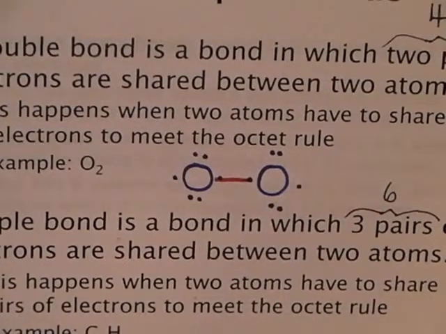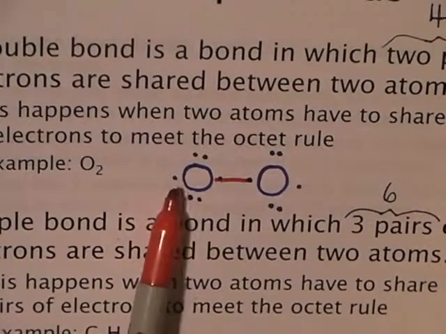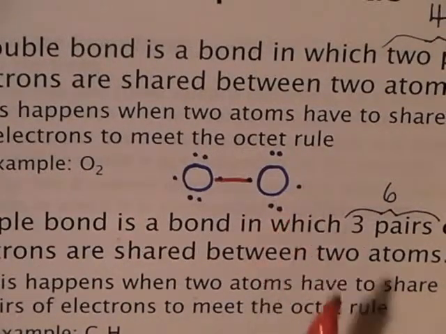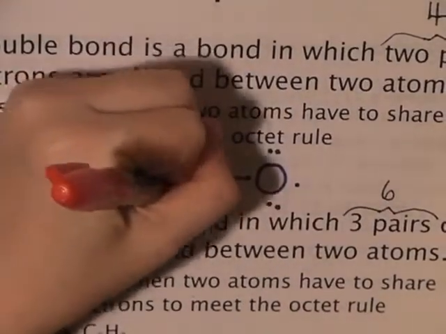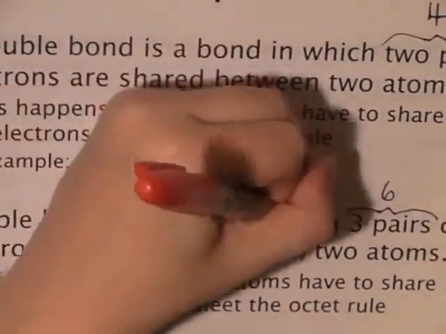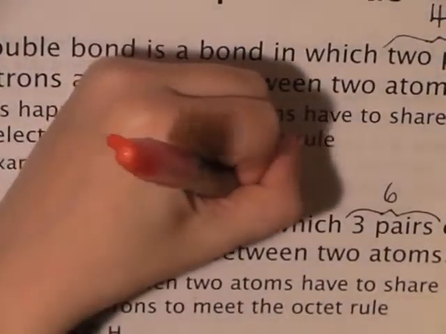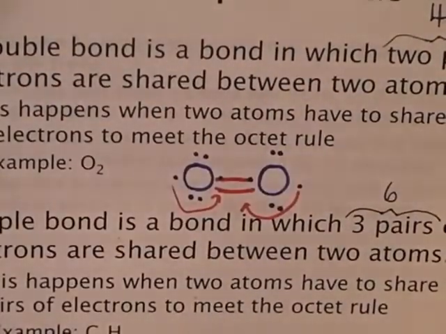You cannot have any single dots left over in the end. Everybody has to be paired up for stability. Since the only ones left are this one and this one, those will actually come together and be shared in another bond. So we would draw another bond here and form a double bond.